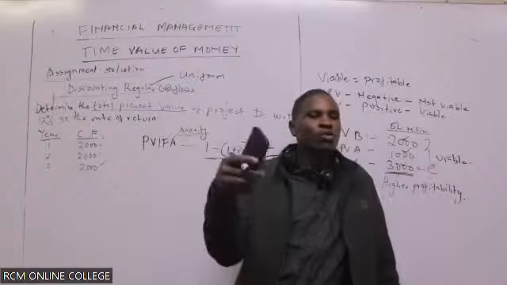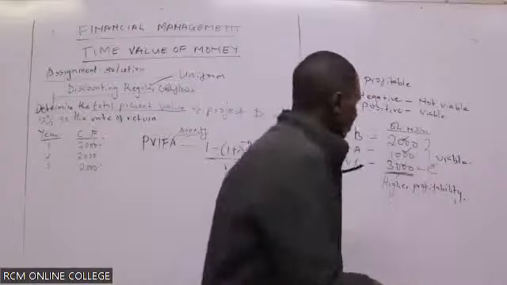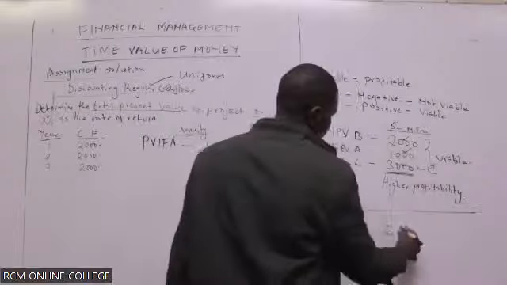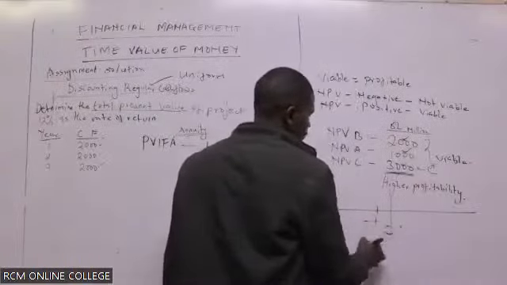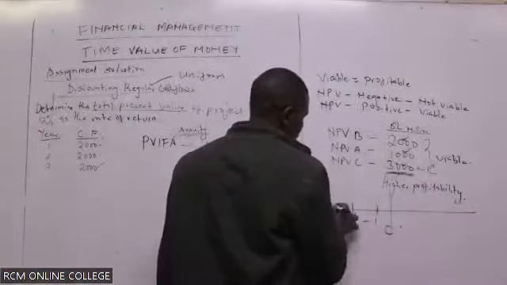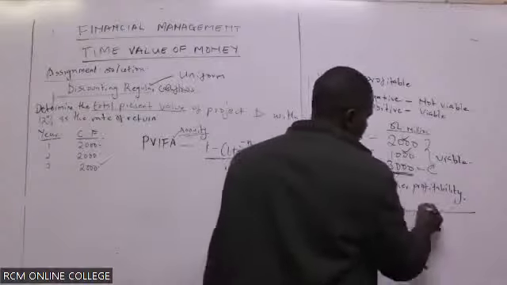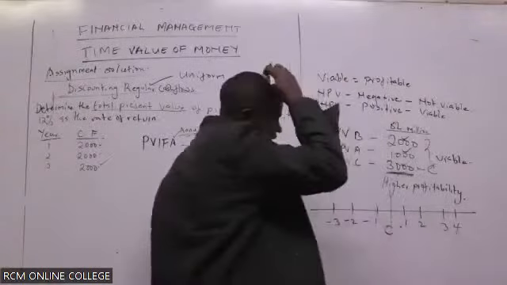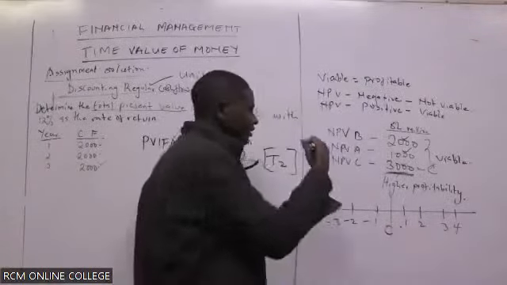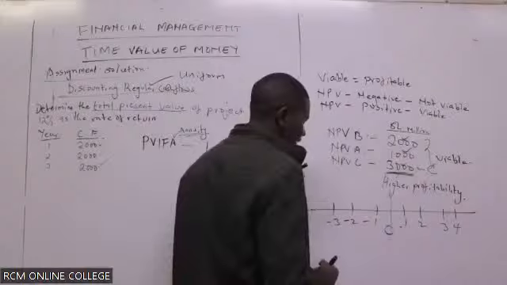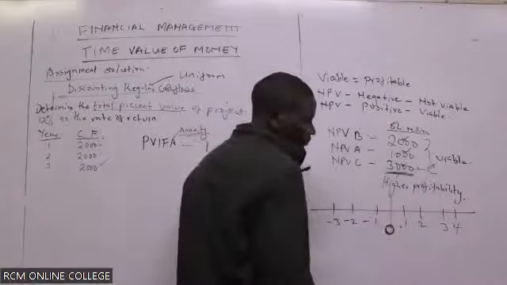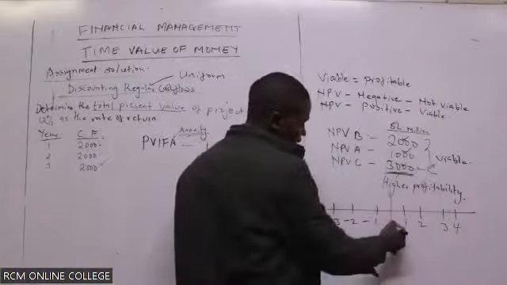Remember discounting, we go backwards. Let me remind you of the number line. Here we had zero, negative 1, negative 2, negative 3, and 1, 2, 3, 4. I want you to master financial management and feel that you understand what we're talking about. So 0 is the center.